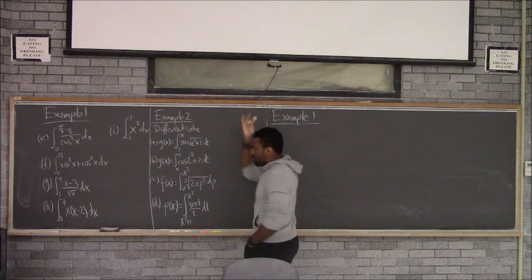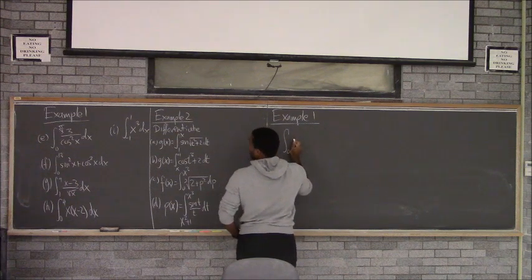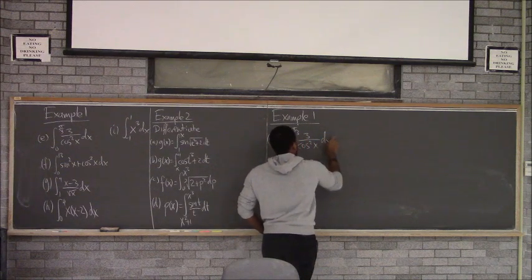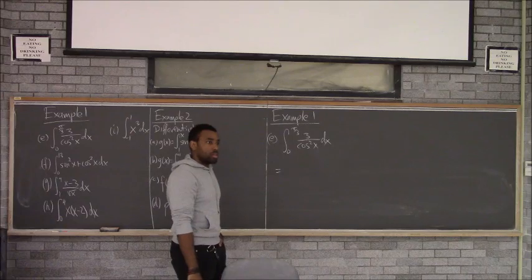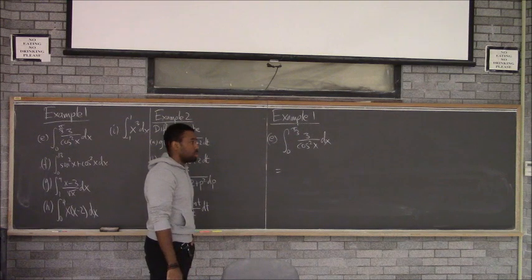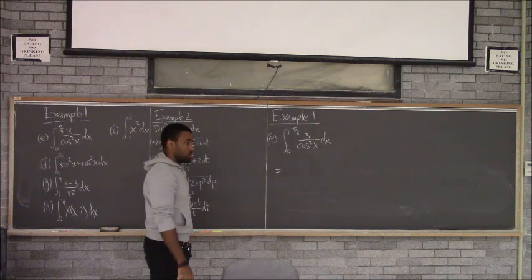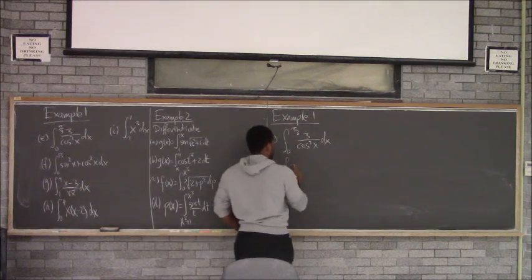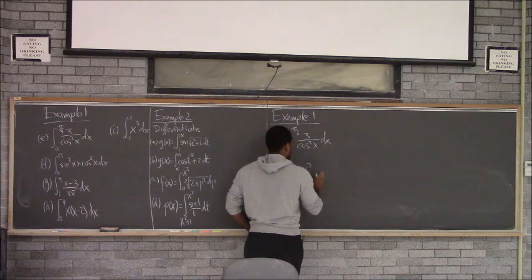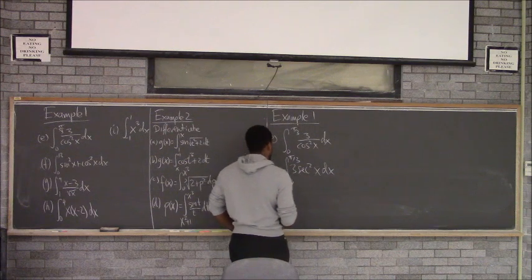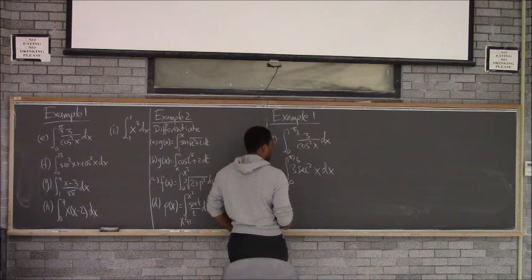We did A, B, C, D last time, so what did you do here? Anyone do this one? Yeah? 1 over cosine squared is equal to secant squared. Okay, integral of secant squared. Then you can take out the 3, and then secant squared, once you go through it, it'll just be tan.